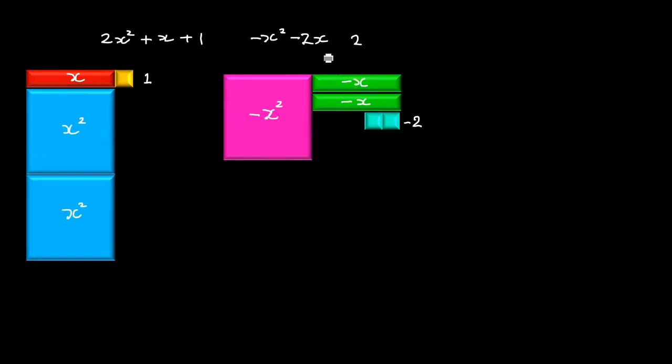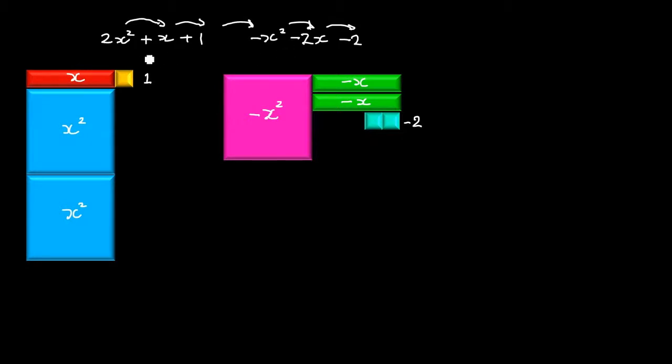This becomes -2x, and -1 times 2 is, of course, -2. So we've dropped the parentheses, because now we're simply adding that to that to that. We're adding them all together. We can do that because we've now changed every term to negative. So it's subtracting, but it's adding negatives.